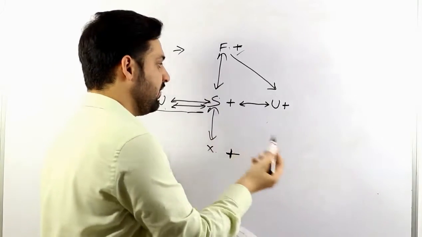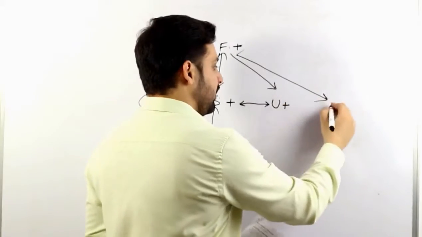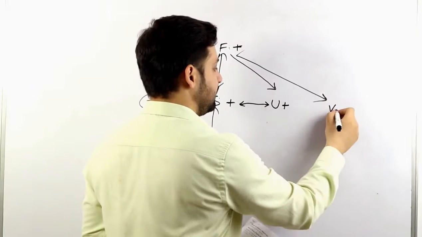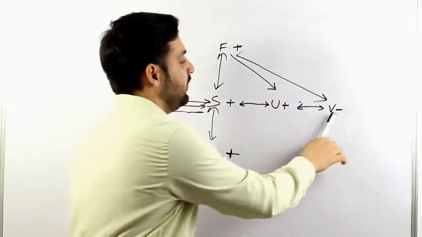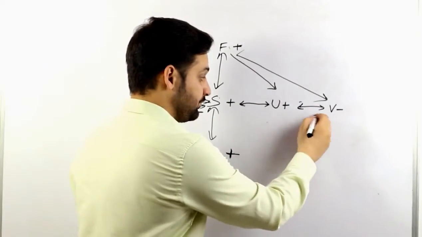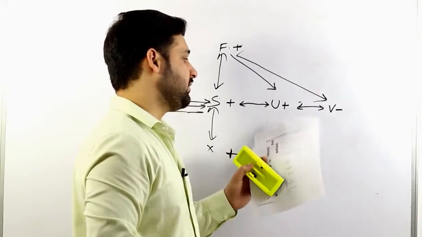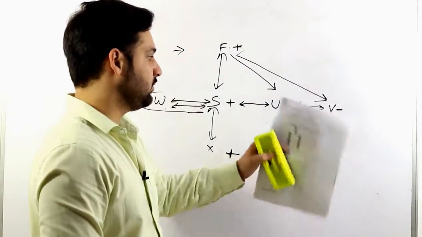If F has another daughter, then we can depict it as minus. So V is the sister of U. If there is a double arrow, that depicts that these are husband and wife. But as there is a single arrow, she is the sister.